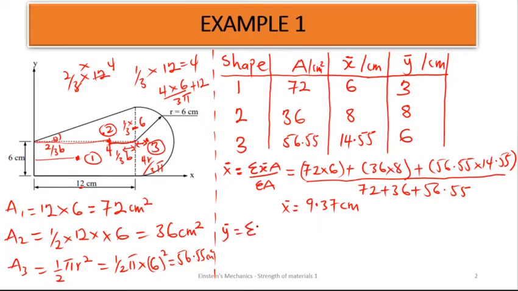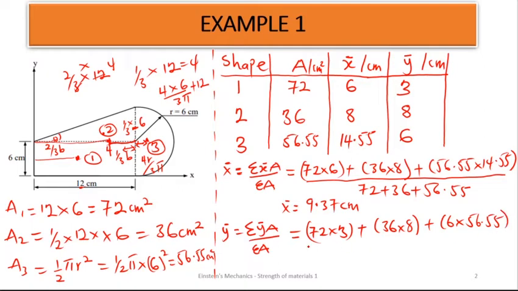The same thing happens to the y bar. Summation of the individual y bar by their areas over the entire summation of the area, and that is going to be 72 by 3 plus 36 by 8 plus the 6 multiplying 56.55, everything on summation of the area, 72 plus 36 plus 56.55, and your y distance is going to be 5.13 centimeters.